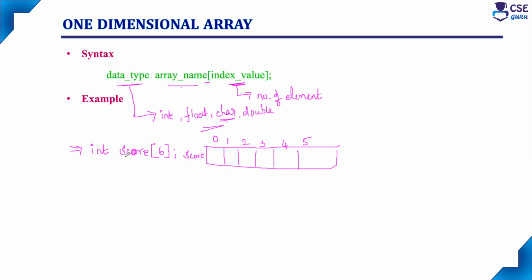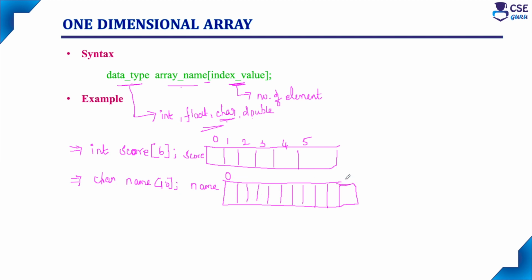All the elements will be of integer data type. Okay. Next, char name of 10. And it should end with a semicolon. Compulsorily, it should end with a semicolon. So here, the array name is nothing but name. And totally 10 memory locations. Okay.